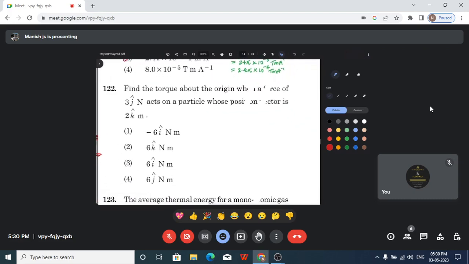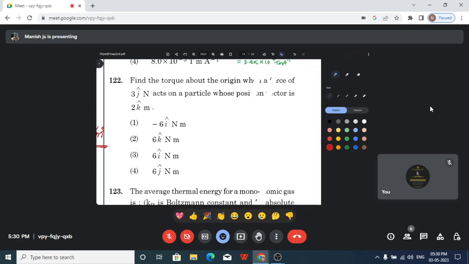Question number 122. Find the torque about the origin when a force of 3 j cap newtons acts on a particle whose position vector is 2 k cap meters.